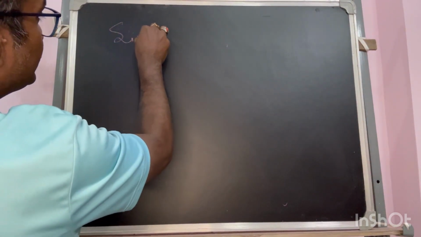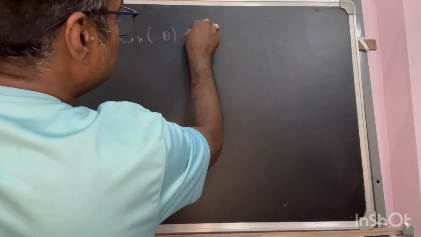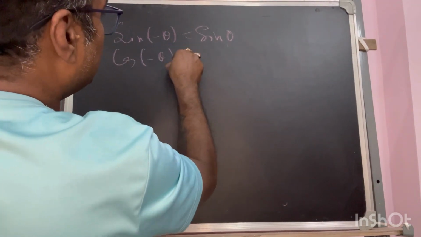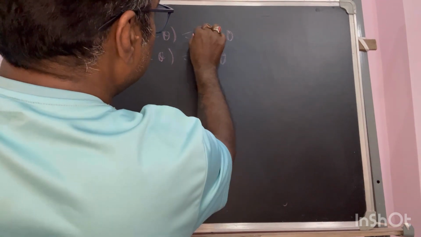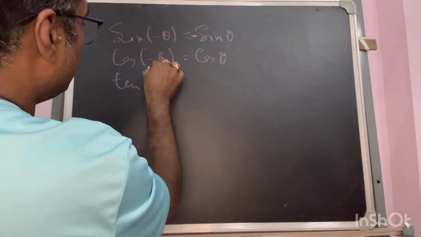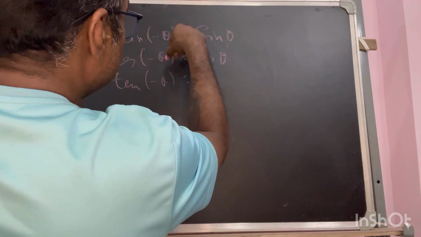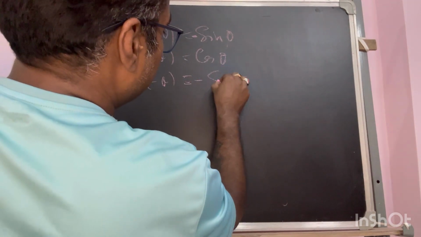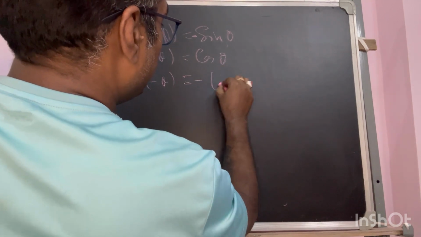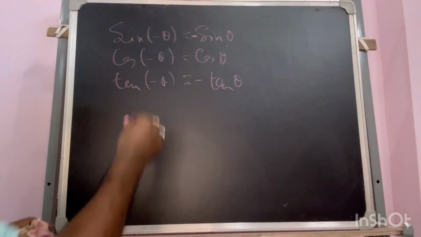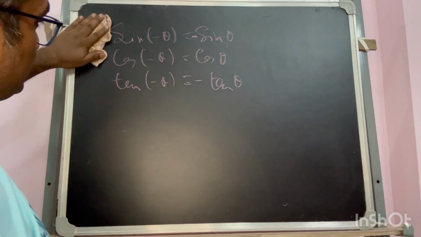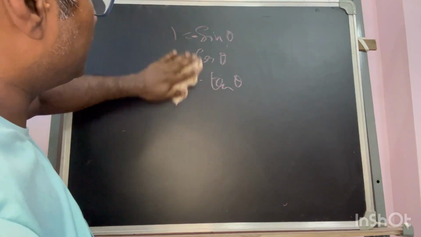Sine of minus theta, you can straightaway write as minus sine theta. Cos of minus theta, you have to write cos theta, and tan of minus theta, as any of this is negative, tan will follow the negative, so it will be minus tan theta, and accordingly the other related ratios. So this I had missed out, so just remember.